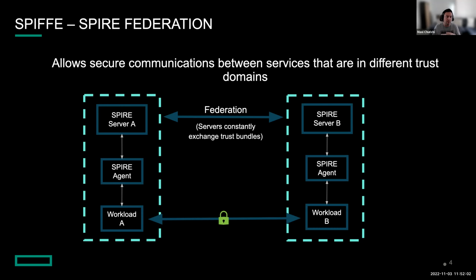As you know, a trust domain defined by a SPIRE server is a cryptographic boundary that defines that everything inside of this trust domain is trusted, but everything outside is not trusted. So by setting up federation between two trust domains or two SPIRE servers, you can have a workload A in one trust domain trust workload B in the other trust domain. And they can verify each other, and that's how they establish trust.